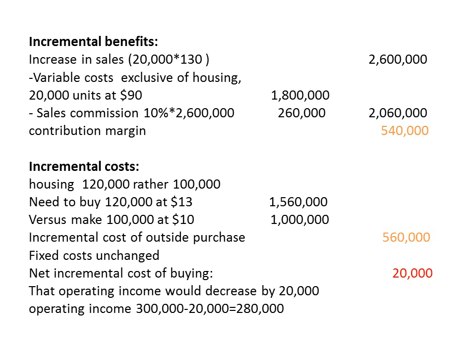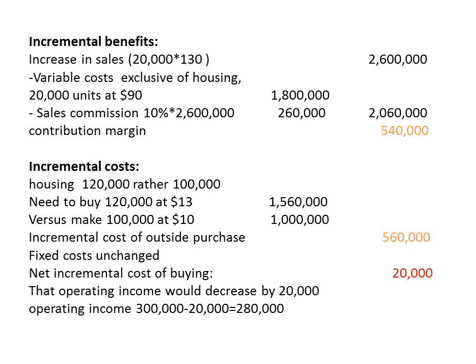So the contribution margin, the difference between the sales revenue and the total cost, would equal 540,000. The incremental cost of that decision: the firm would purchase 120,000 plastic housing, 100,000 for the normal product and an additional 20,000 for the deluxe product.